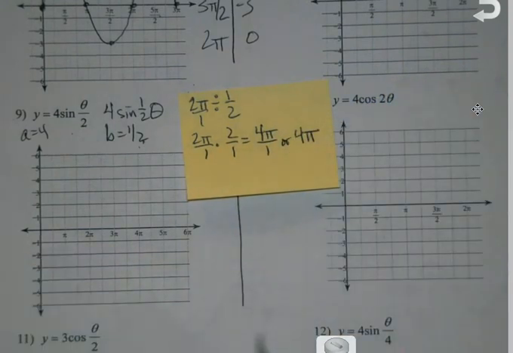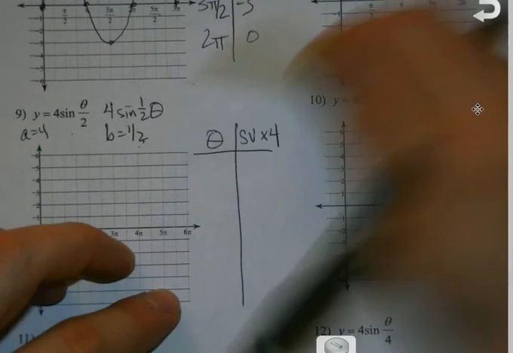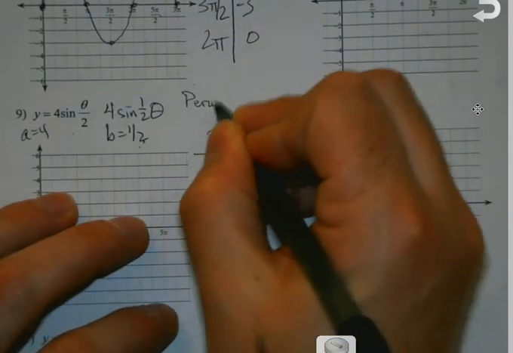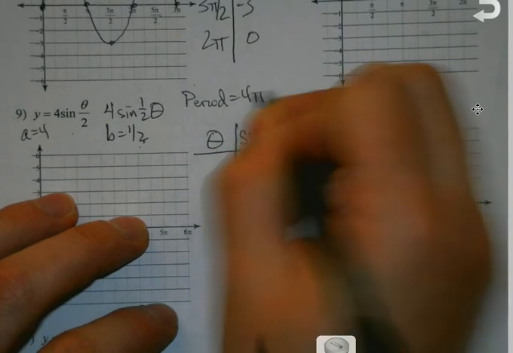Okay, so my period now is going to be 4 pi. In other words, so my new period is 4 pi.